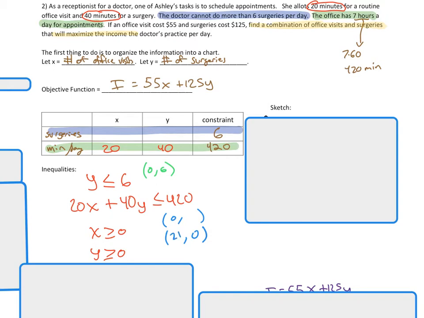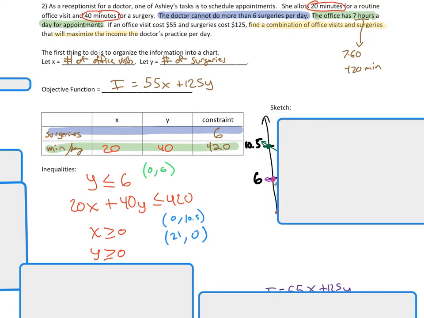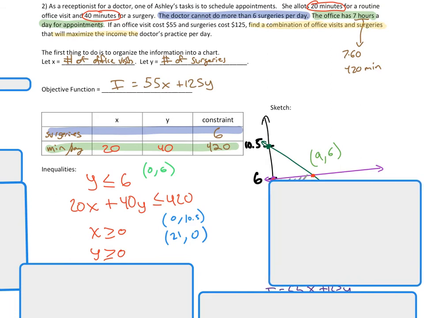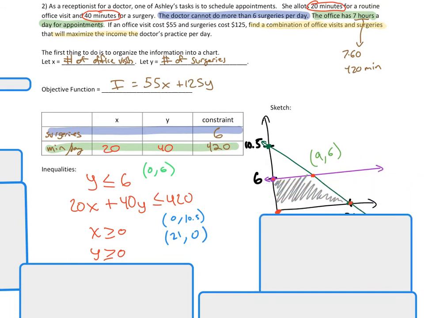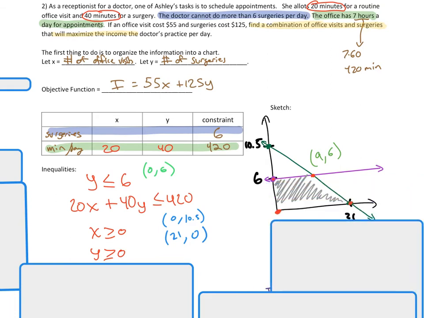That's our x-intercept. And then for the y-intercept, we'll do 420 divided by 40, and we find out that's 10.5. Okay, so here is what your sketch would look like. We'll have y-intercepts 10.5 and 6, our horizontal line y equals 6, and then my x-intercept is 21, 0. And so this is the graph we end up with for our constraints.